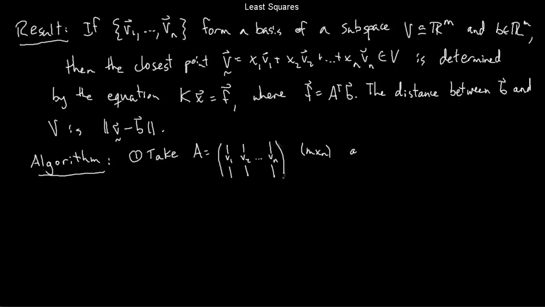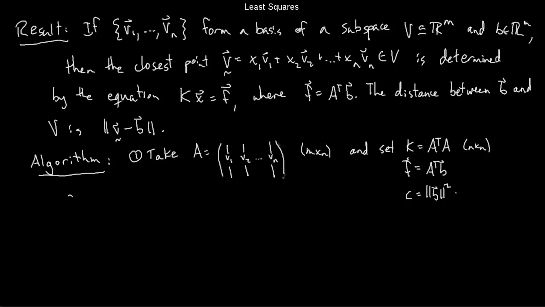Stick the basis as the columns of a matrix. That's an m by n matrix. Now define K to be A transpose A, the Gram matrix. This has to be symmetric. It has to be square, n by n. Set f to be A transpose b, and set c to be the norm of b squared.